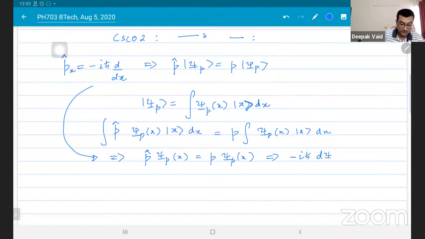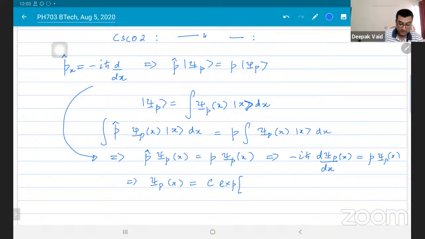If I look at this, what is this? d of psi p x is equal to some value p times psi p x. What will be the solution of this? This will give me psi of p x is equal to some constant times exponent of minus i by h bar p x.